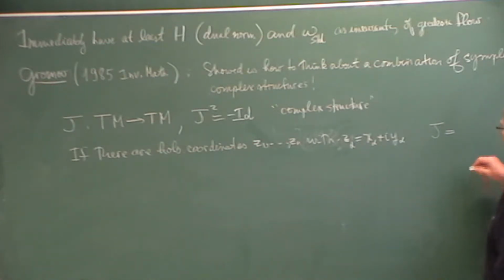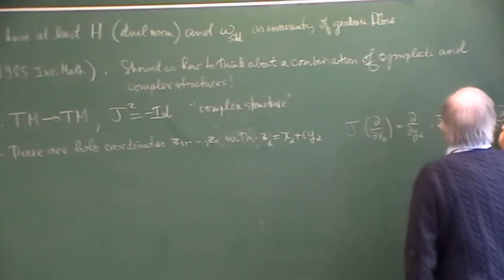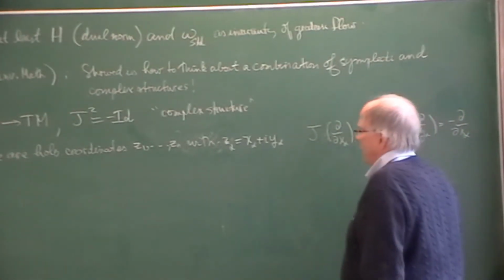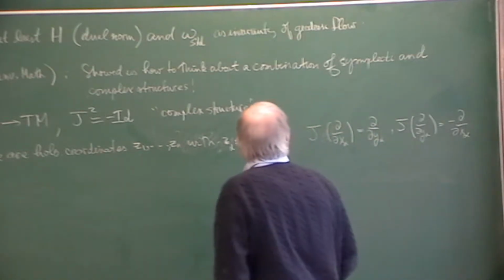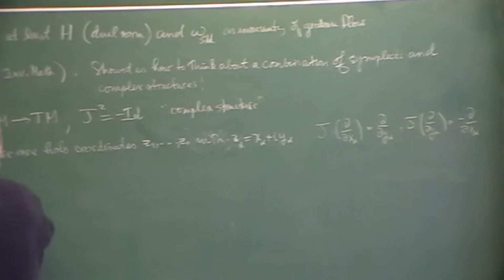J of d/dx_alpha equals d/dy_alpha. It's what you think it should be. J of d/dy_alpha is minus d/dx_alpha. So if you have such coordinates, then this defines a complex structure.